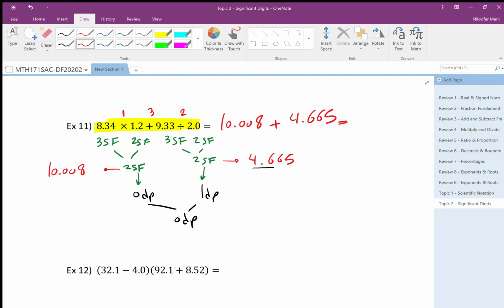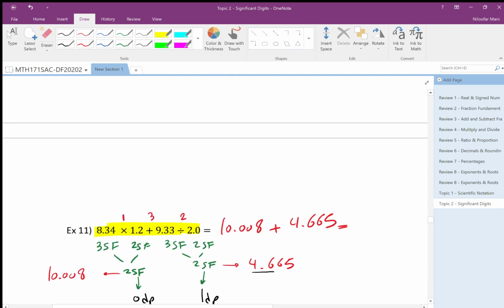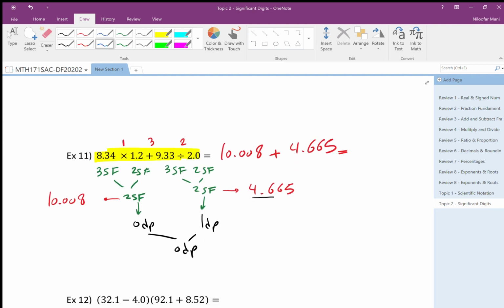But I have to ask myself, if I have two significant figures, how many decimal places I have from each multiplication or division, from each operation. And then the answer is, let me see. So I can calculate here.